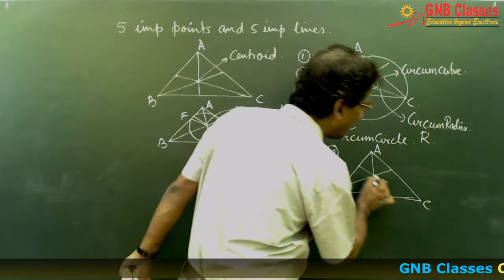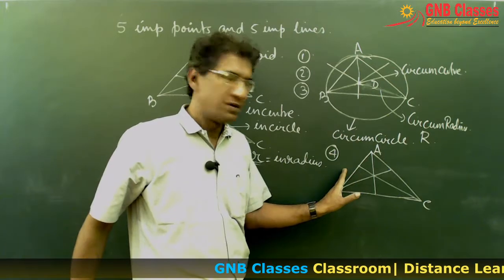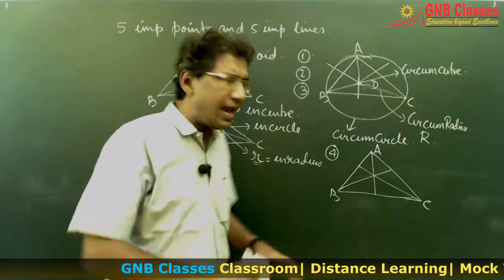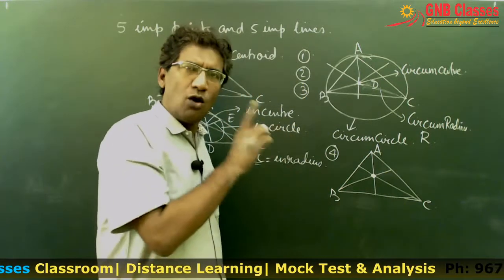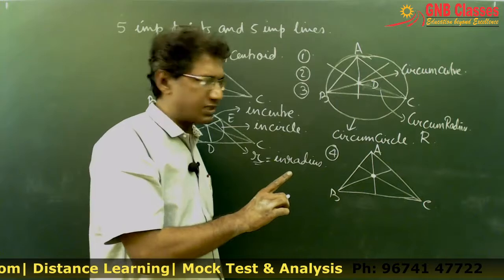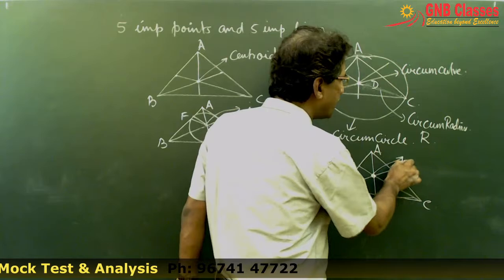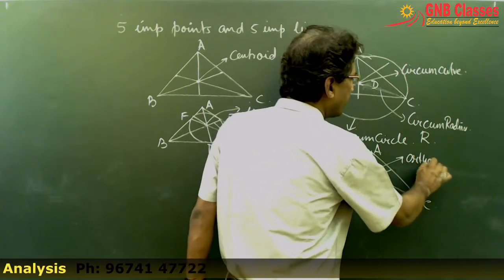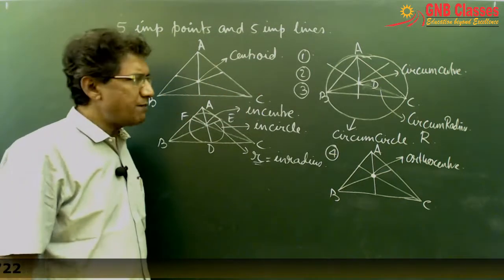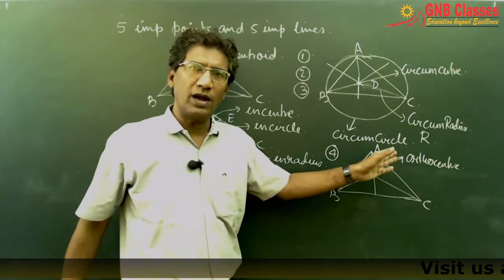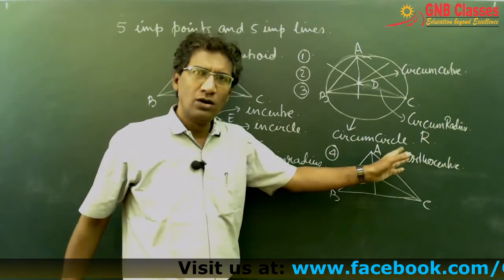Now these three perpendiculars, the three altitudes, will always be concurrent, passing through a single point, and this point is what is called your orthocenter. Is it clear? So what is an orthocenter? The point where the three altitudes of any triangle are meeting is called your orthocenter.